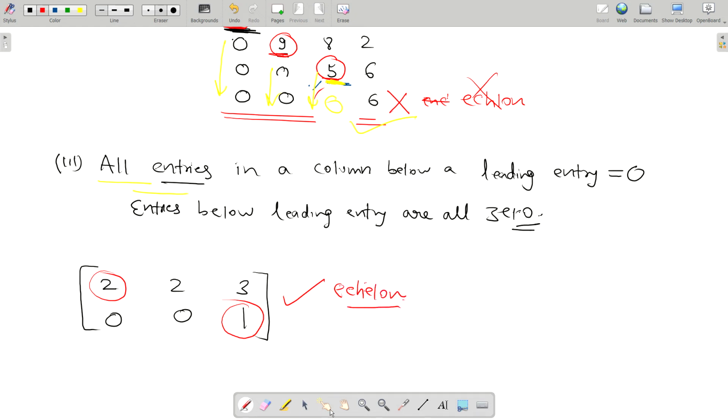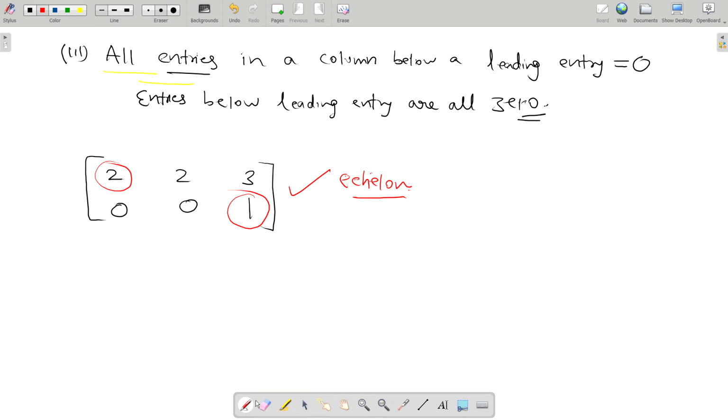Let's take another example. Say -1 0 3 over 2 1 0 7 0 2 0 0 0 8. Is it an echelon matrix? -1 is the leading element here.